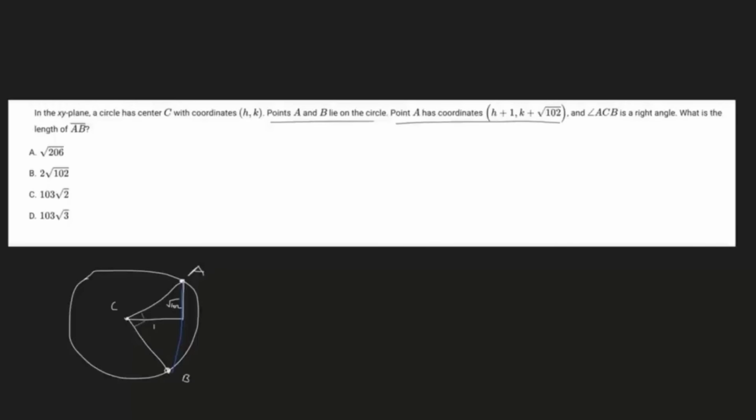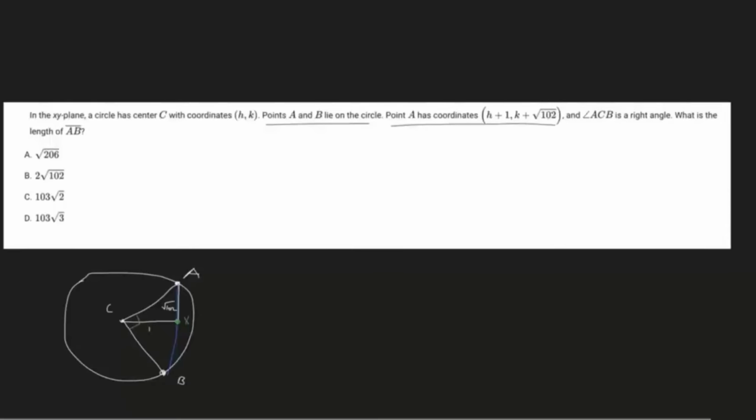First, in this first triangle, we have triangle AC and then this random point out here, so let's call it X. Triangle ACX has side lengths of square root 102 and 1, and those are the legs. We know this is a right triangle, so we use the Pythagorean theorem to find the hypotenuse length: a squared plus b squared equals c squared.